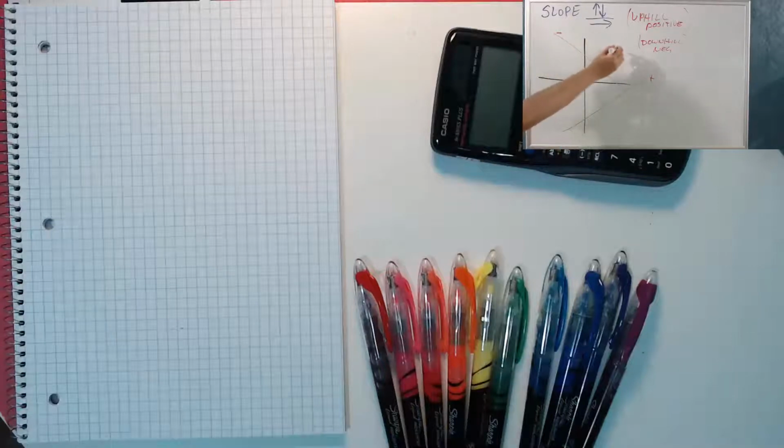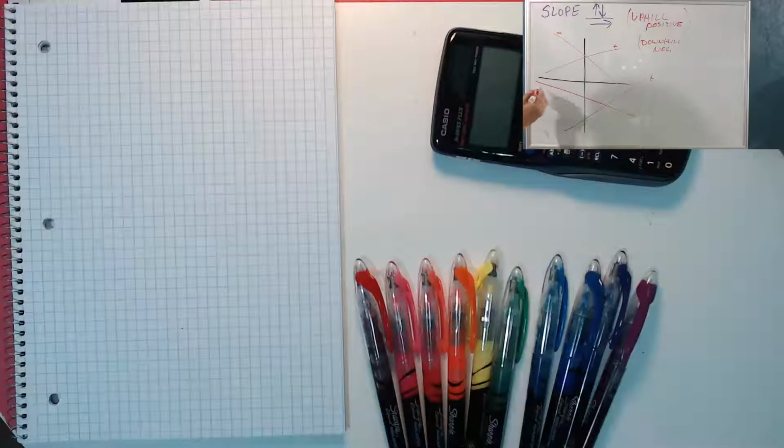What about here? Positive. What about here? Negative. Yep. Okay, so you kind of get the point, right? It doesn't matter what angle or where they are on the board. If you're going uphill, it's positive, downhill, it's negative.